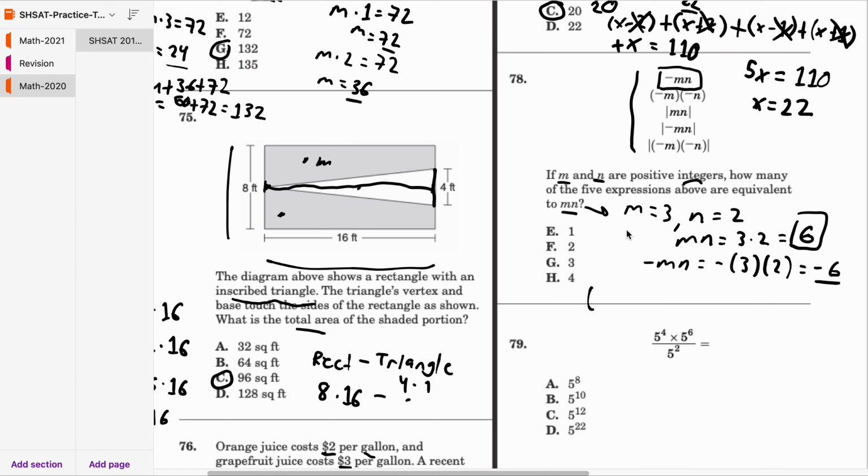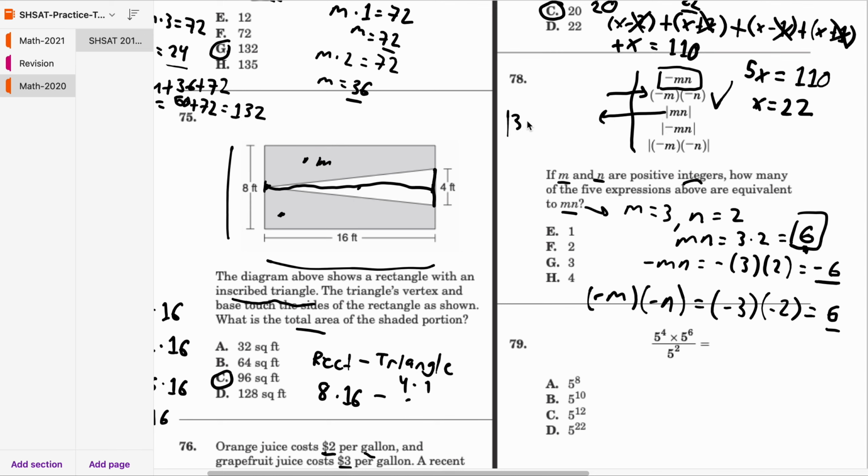So now let's look at the next expression, right? So we have negative m times negative n. If we plug in values here, that's negative 3 times negative 2, which is 6, and 6 is equal to 6, right? This is our reference. So therefore, this second expression is equivalent, so I'll put a check mark. And then we'll look at this one, the absolute value, right?